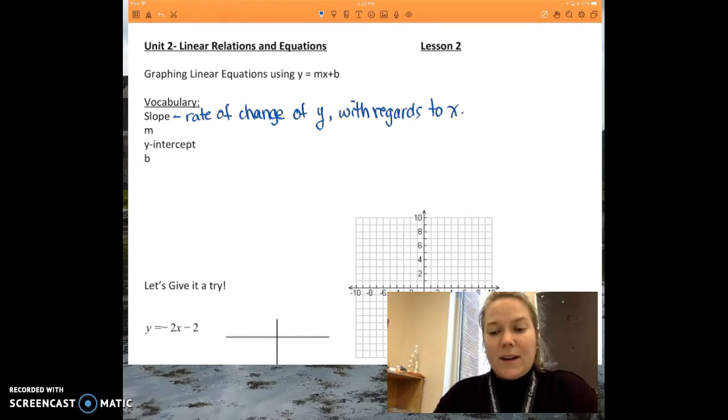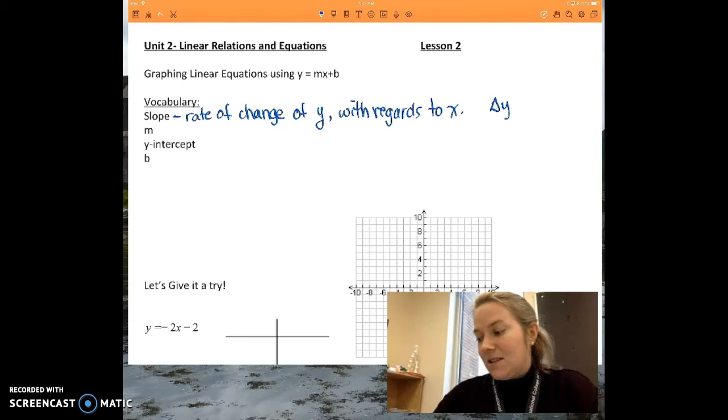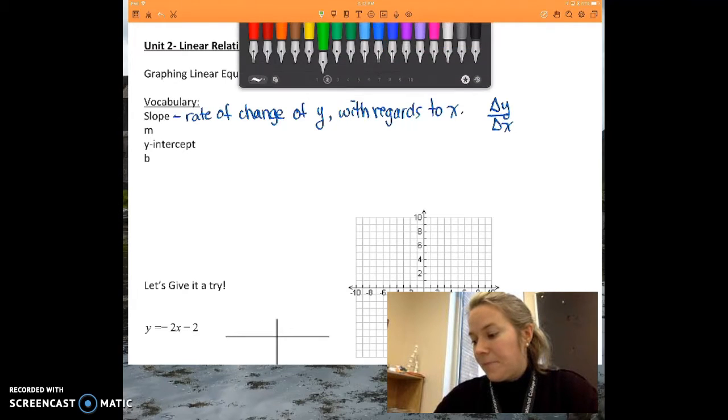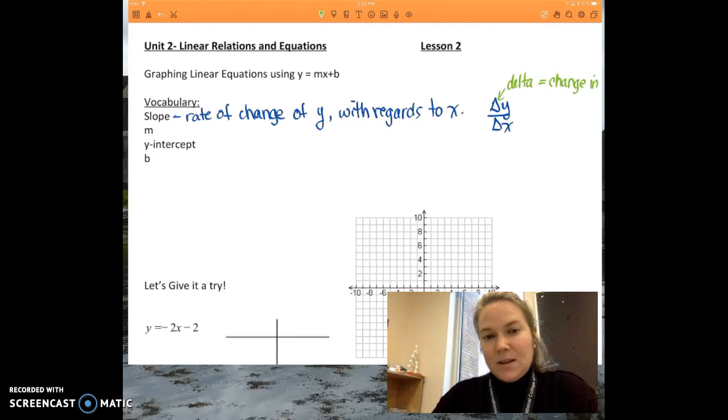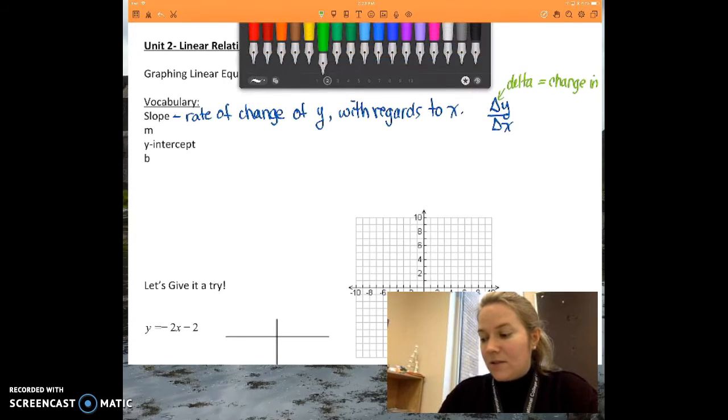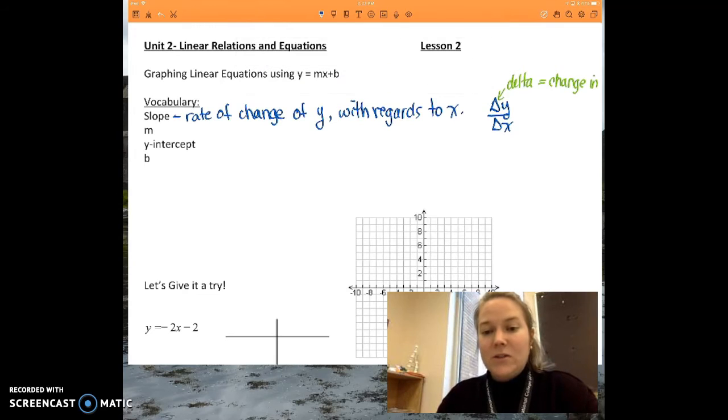There's another way of writing that. The change in y can be represented as delta y. The change in x can be represented as delta x. So let's just quickly put that in here. That's delta. It's one of the Greek letters, and it means change in. So we've got delta y over delta x. So how does y change as x changes?